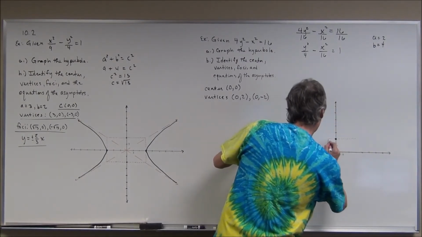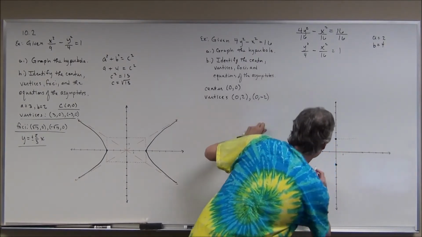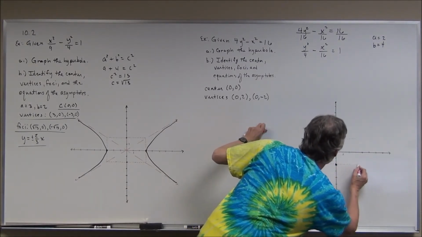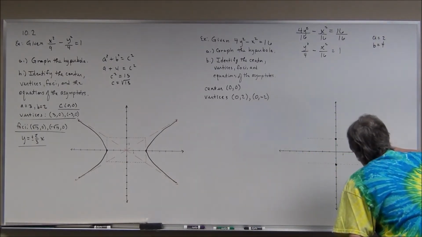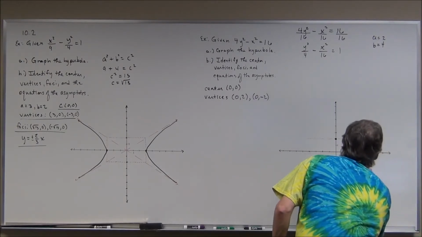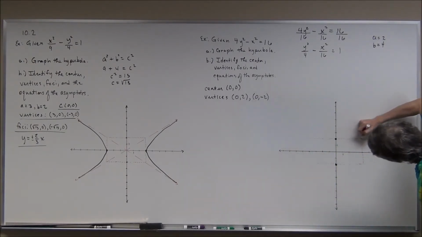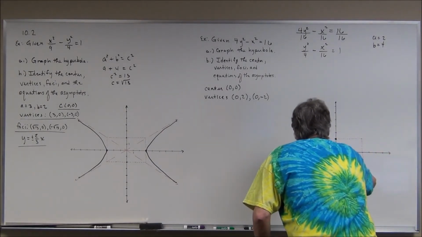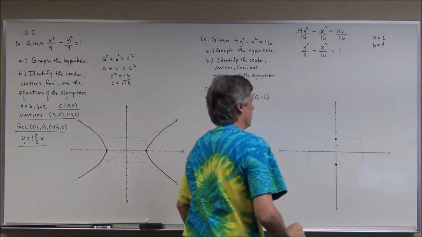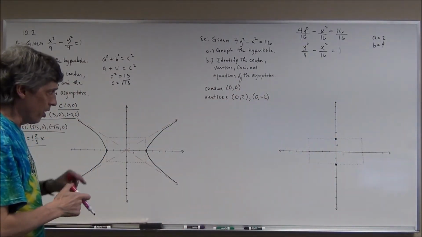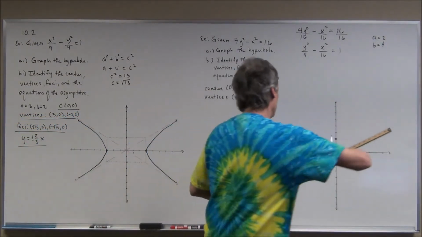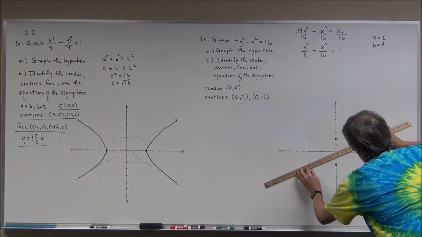See if I can draw this neatly. Did an okay job last time. I think it's gone to my head. If I took the time to get my straight edge, I could make this a little bit more exact. But there they are, and my asymptotes are going to go through the origin and through those opposite vertices there.